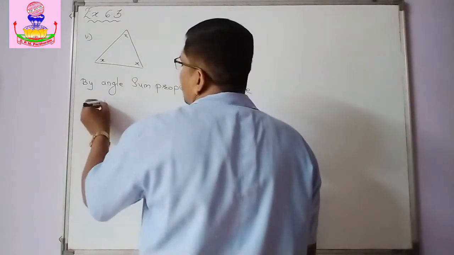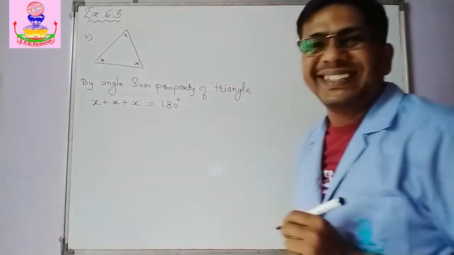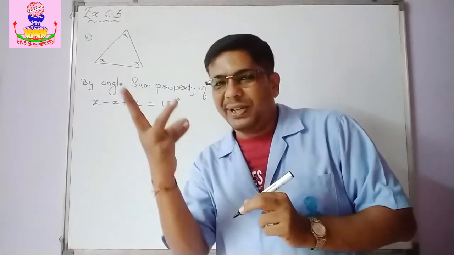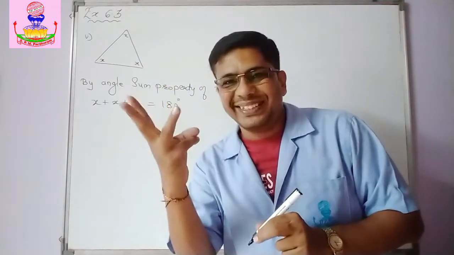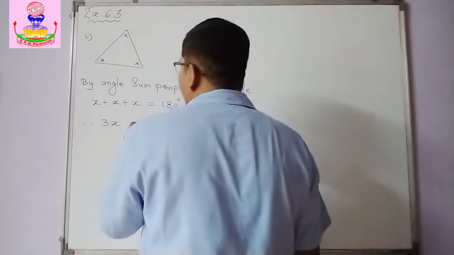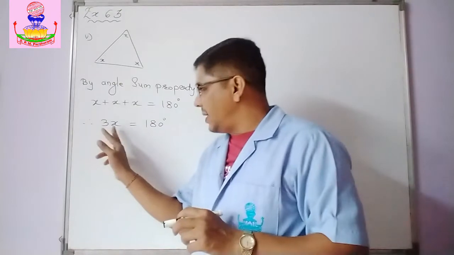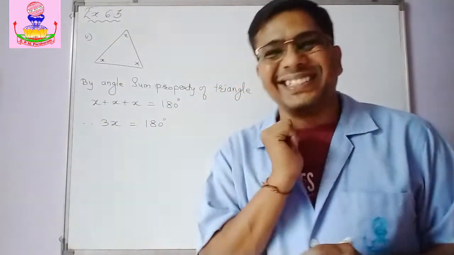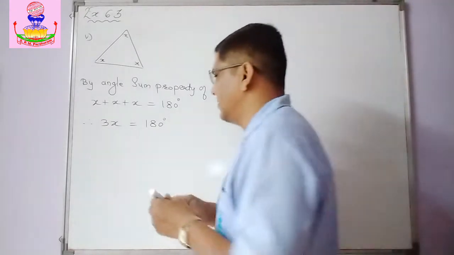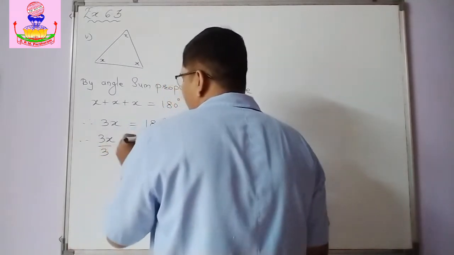what do we have? x plus x plus x, that is equal to 180 degrees. Now x plus x plus x, 1x plus 1x plus 1x, 1 plus 1 plus 1, how much? Yes, 3x. So therefore 3x is equal to 180 degrees. Now the sign between 3 and x, which is it? Multiplication. So the opposite of multiplication is division. So what you will do? Divide both sides by 3.